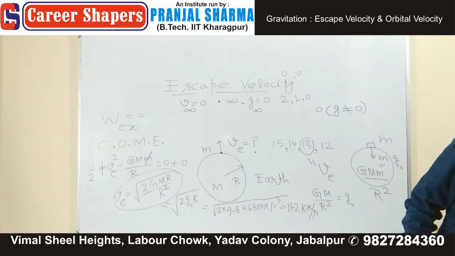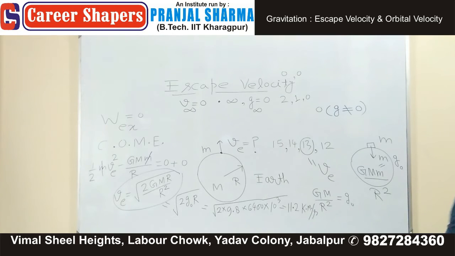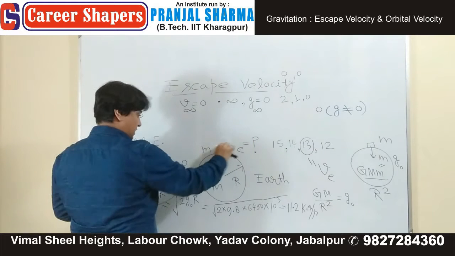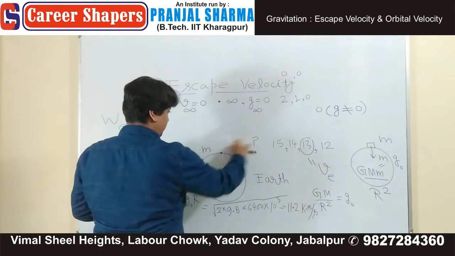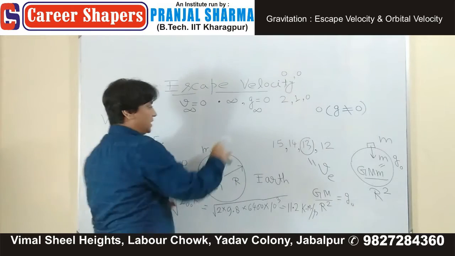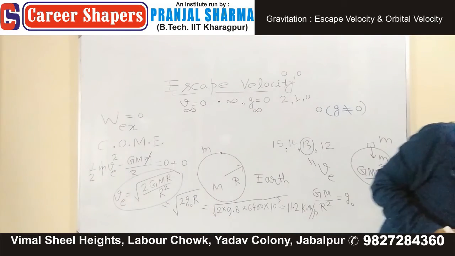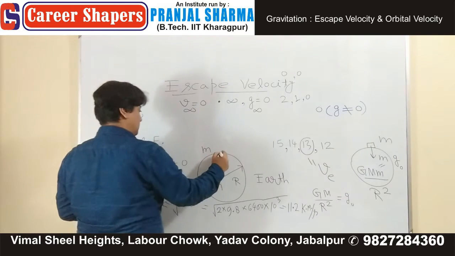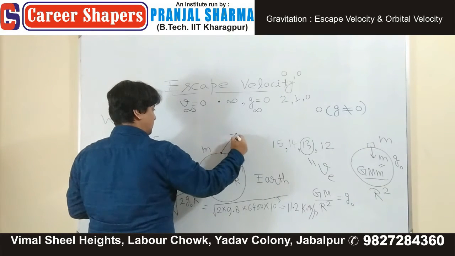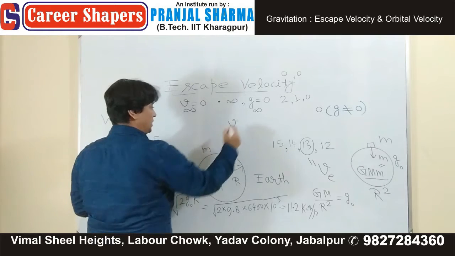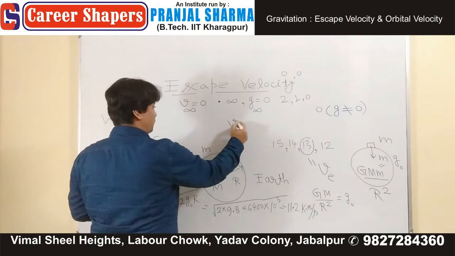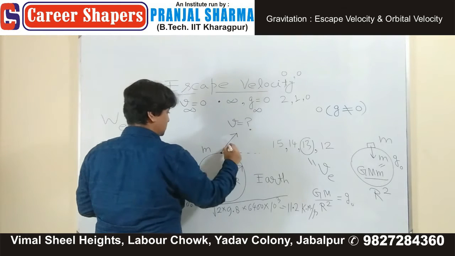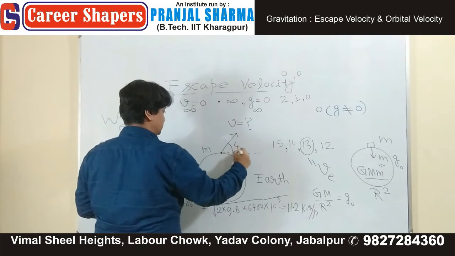Now answer this. If instead of throwing it vertically up, I throw this object with V, and I need to find V, and let's say this angle is 45 degrees.